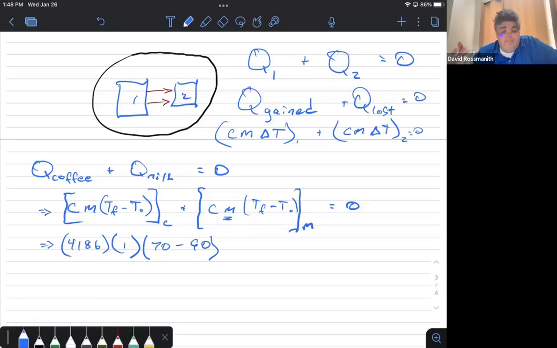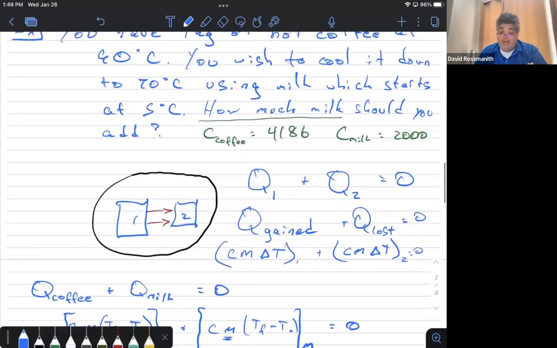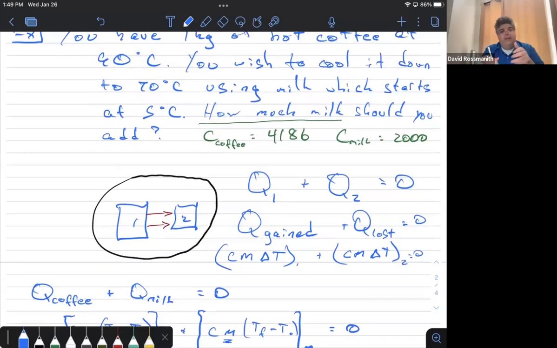And now I do the milk. Plus specific heat for milk, I was told in the problem, use 2000. The mass of the milk, I don't know, but that's the thing I want, so I'll leave it as a variable. And then we have final minus initial temperature of the milk. Well, when I stick the milk in the coffee and I stir it around and I wait, if the coffee got down to 70, the milk had to heat up to 70 as well.